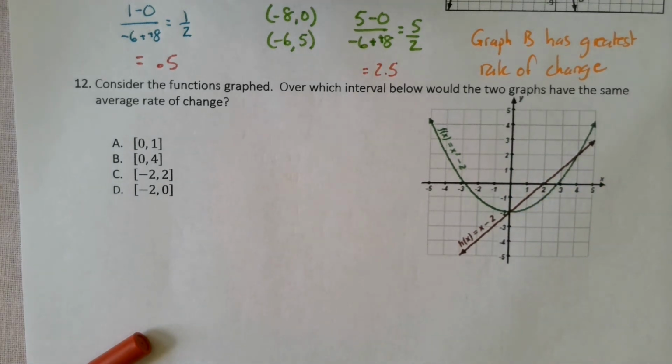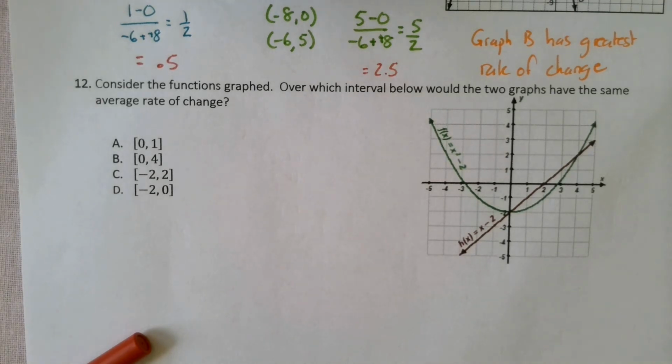Alrighty. So I'm going to go ahead and teach you guys the trick for this question. In order to find the interval where the two graphs have the same average rate of change, they need to have the same points, okay?